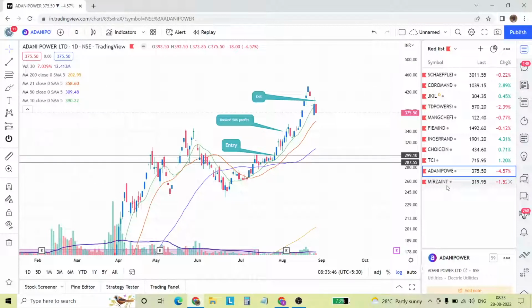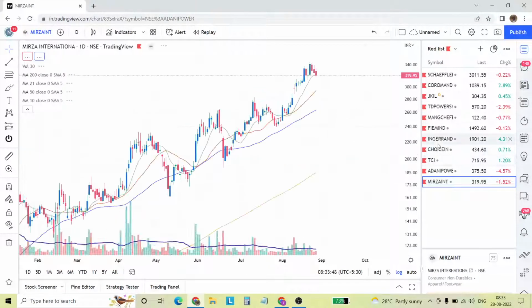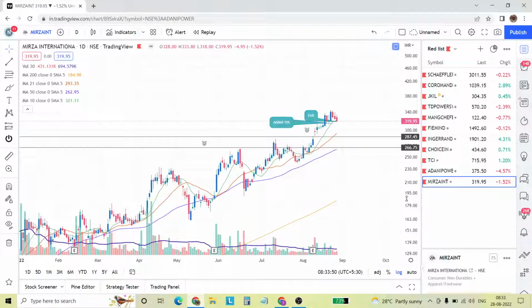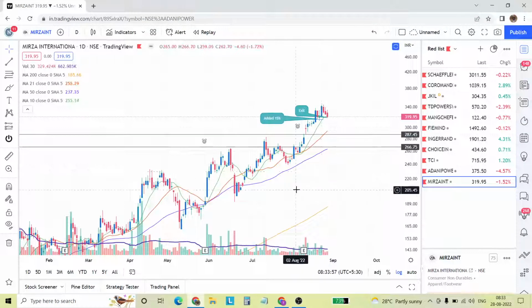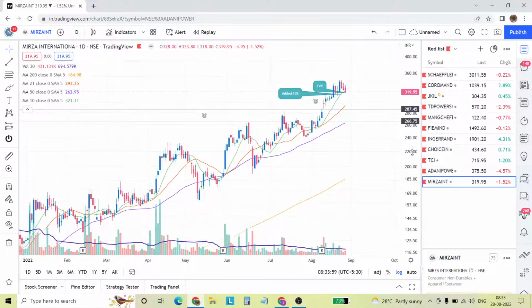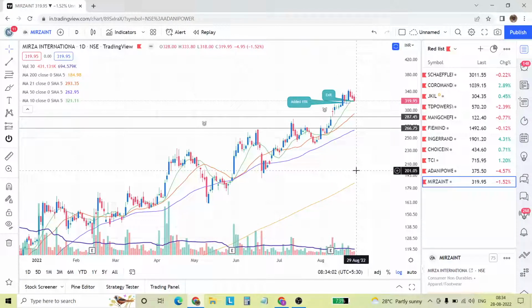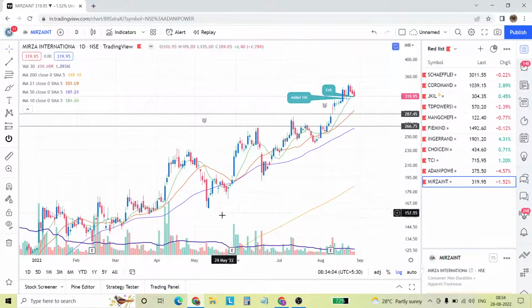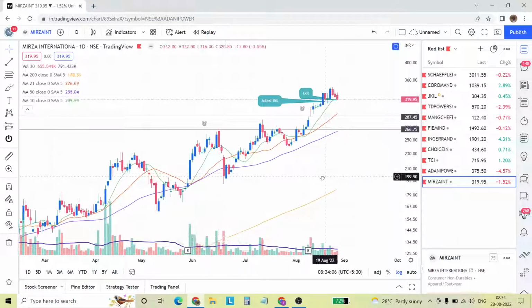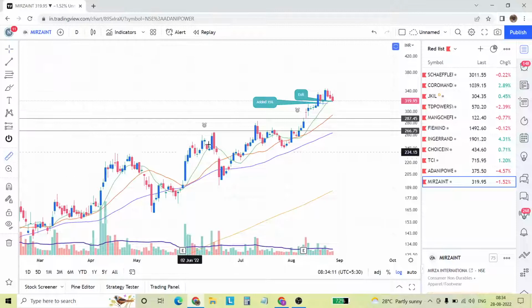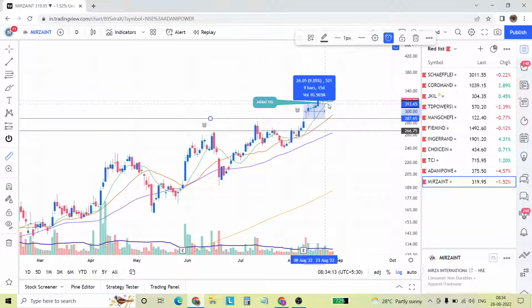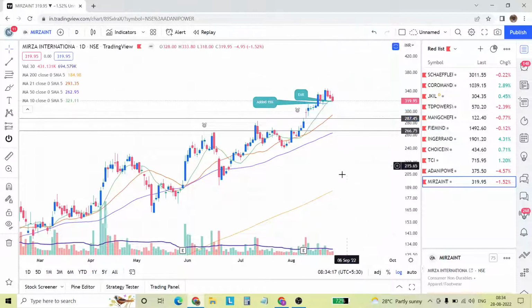Another stock which I have exited is Mirza Enterprises. I exited it because it is not showing me strength, or probably the broader market may roll over. I don't know. I don't have much confidence in this particular stock. It may go up, I don't mind. We booked around 12% profit here.